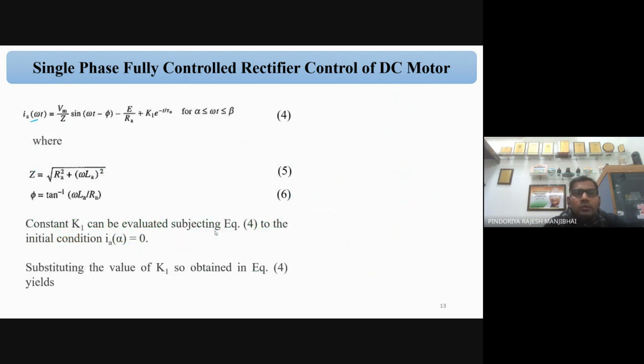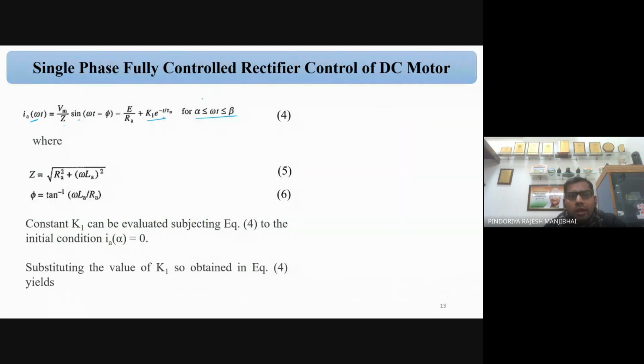So IA equal to Vm by Z sine omega t minus phi, minus E by RA, plus K1 e to the power minus t upon tau A, for alpha to beta. Okay, so this is during the on time period.